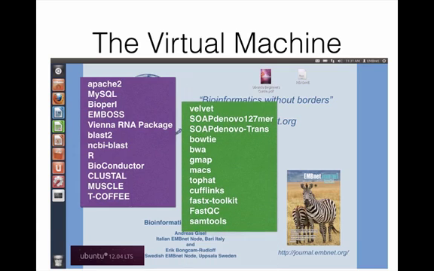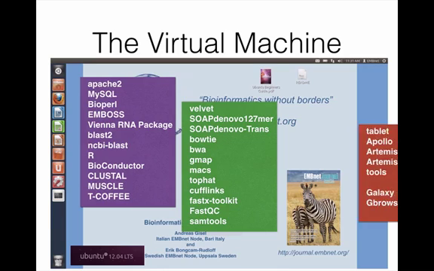For the NGS data analysis, we have assemblers like Velvet, SOAPdenovo, mappers like Bowtie, BWA, GMAP, MAQ, TopHat, Cufflinks, quality control tools like FASTX Toolkit and FastQC, and the famous SAMtools to deal with the SAM formatted file after mapping.